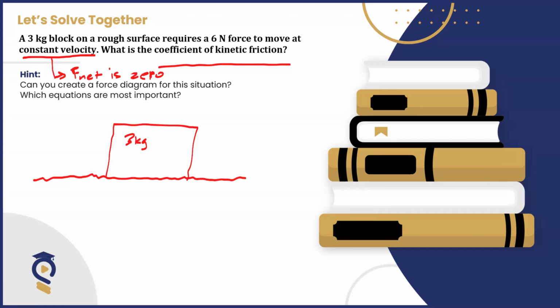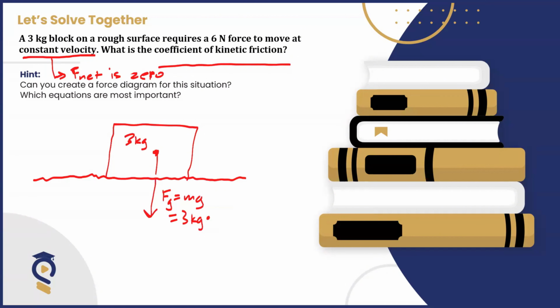So first force, as always, we're on planet Earth. So we're going to say that we have a gravitational force. And we're going to remember that our gravitational force is always going to be equal to mass times the acceleration due to gravity. So in this case, since my mass is 3 kilograms, I'm going to multiply that by the acceleration due to gravity.